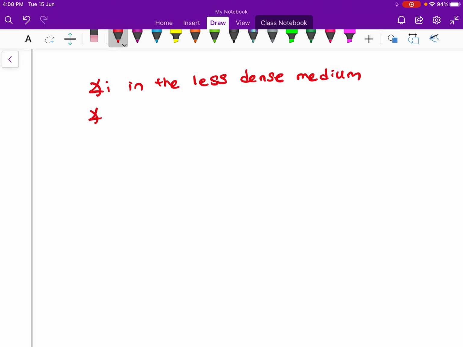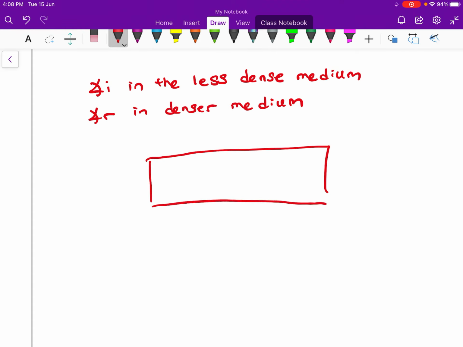Okay, and the angle of refraction is in the more dense or the denser medium. So for example, if I draw a glass block right here and I draw a normal, the light ray might be traveling from the glass, so I come out from the glass.